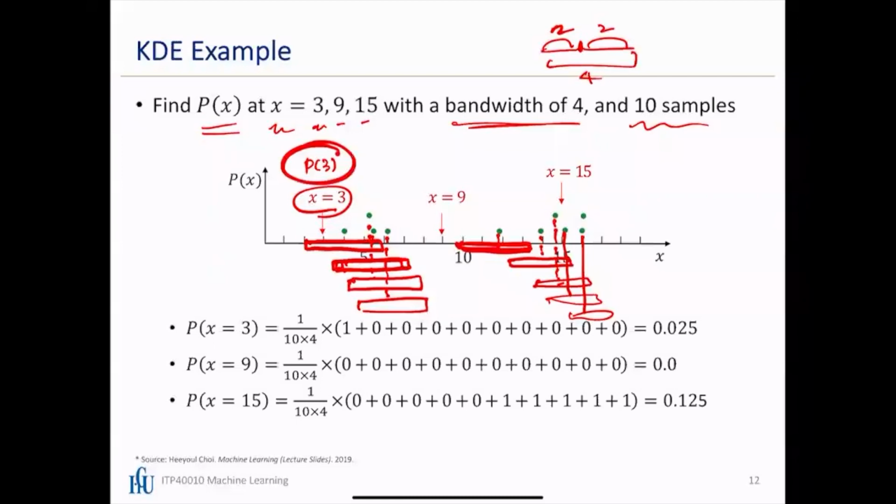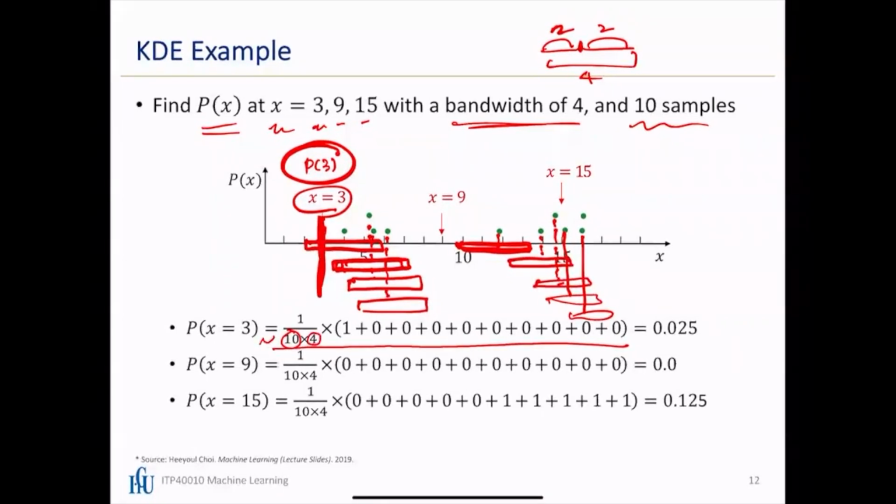But given that, let's try to estimate P3. Well, what you do is simply counting the kernel that is overlapping with region P3, X3. So if you look at this area, there is only one kernel overlapped. So what this calculation is representing, you first want to multiply n, which is 10.